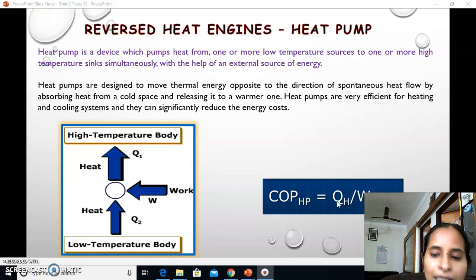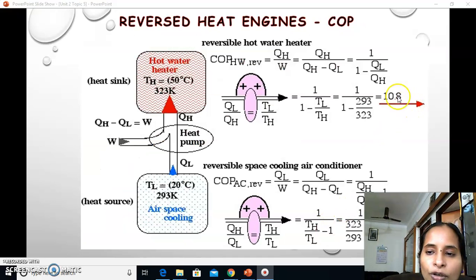Okay, so why is this coefficient of performance higher than 1, but the efficiency of heat engines always lesser than 1? Here W net could be completely converted into heat. Okay, so always the numerator would be greater than the denominator. So the coefficient of performance would be, as in the calculation you can see, always greater than 1.